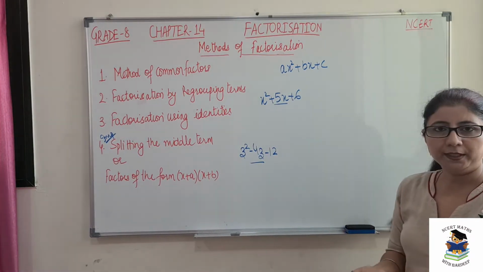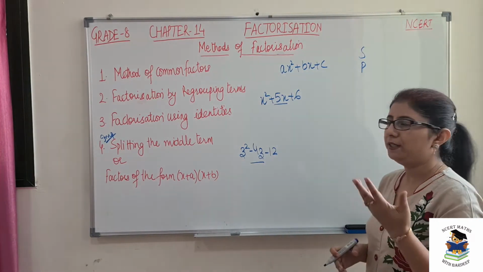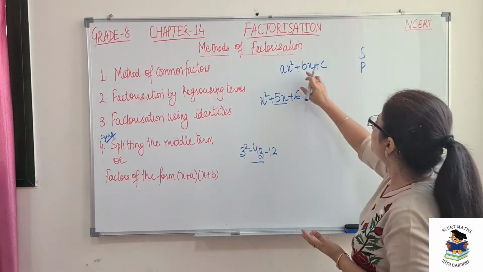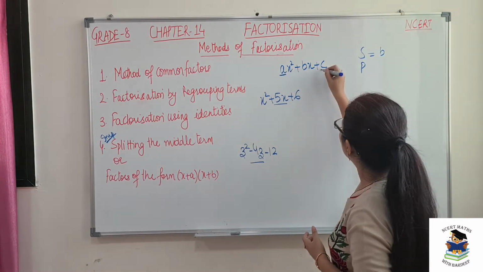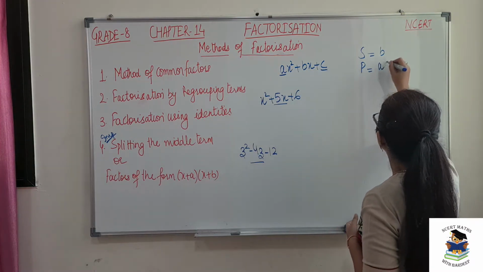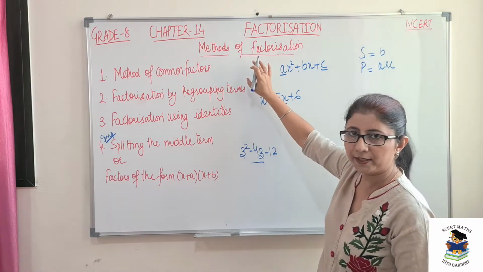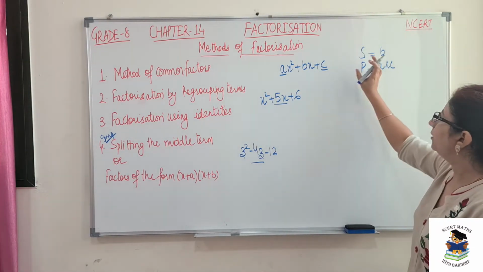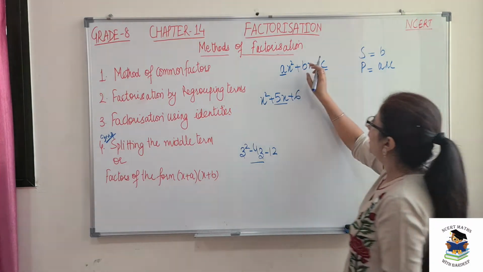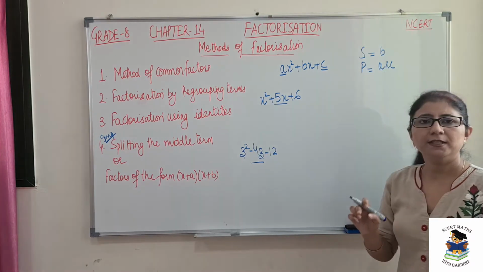But how to split that? We will form two factors whose sum is always equal to b and whose product is always equal to AC. That is, A into C, the coefficient of x square multiplied by the constant, gives P, and the coefficient of the x term is taken as the sum S.